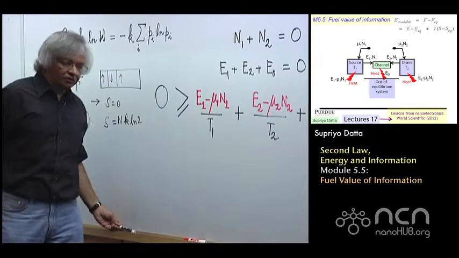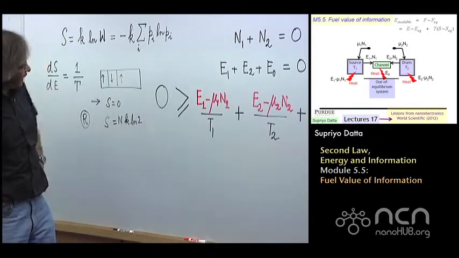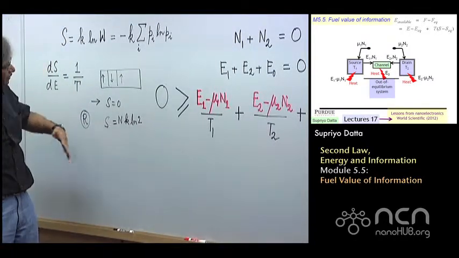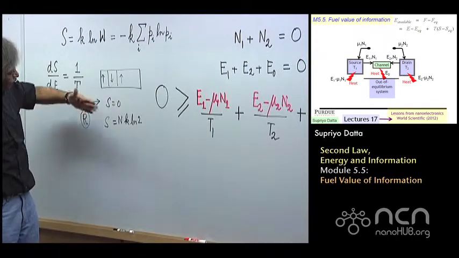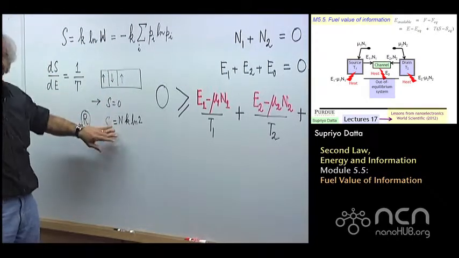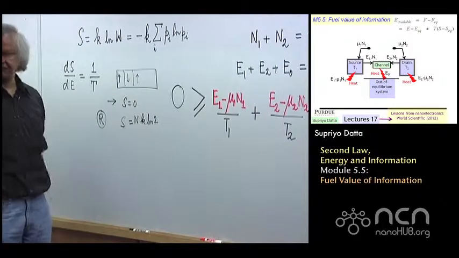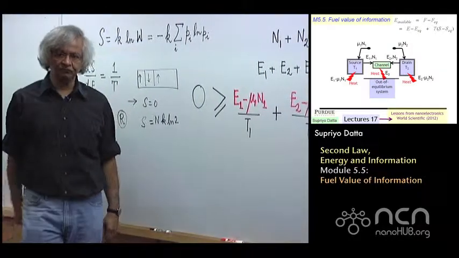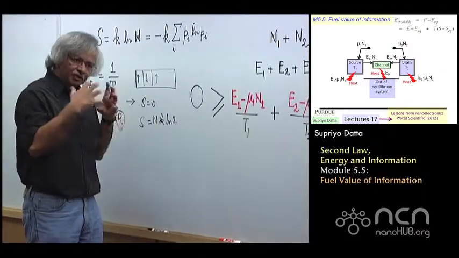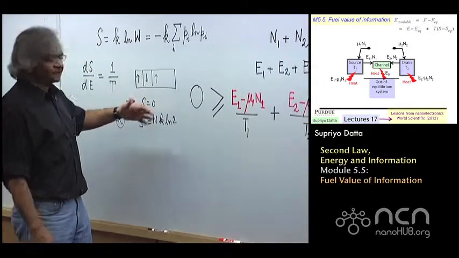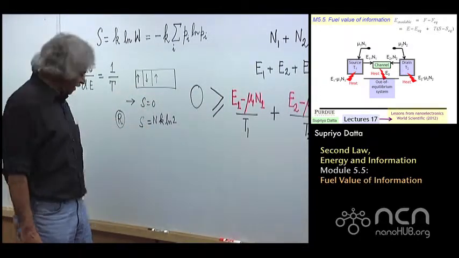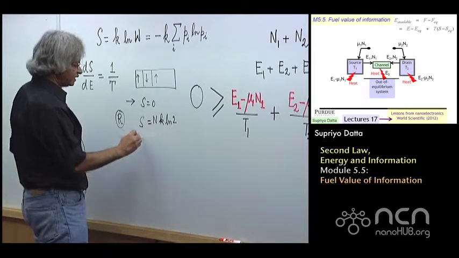Now, what I want to talk about in this module is that when a bunch of spins go from this all up state to this random state, there's an increase in entropy, or what you could call a loss of information. And that also corresponds to a decrease in the free energy, because F is equal to E minus TS.